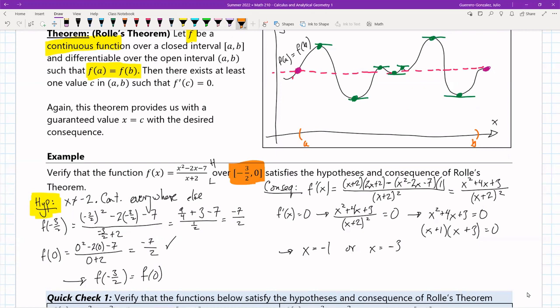So within that interval, we're guaranteed a value where the derivative of our function is equal to 0. And we got down to this point right here. So either x has to be equal to -1, or x has to be equal to -3. -3 doesn't live in the interval, -1 does. So I'm going to go ahead and scratch this one out. That one's not it. It's this one over here.